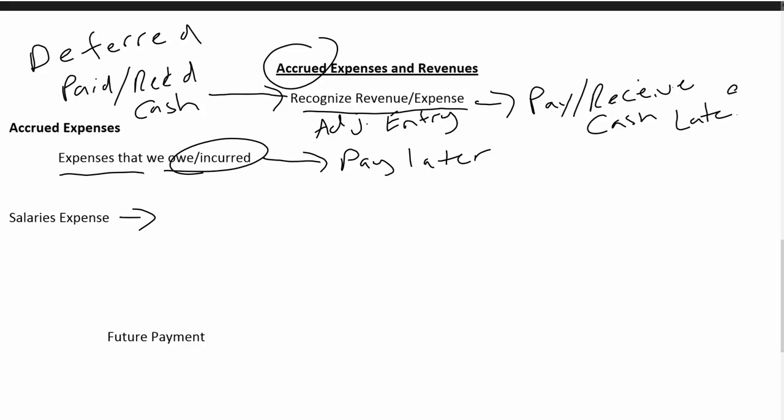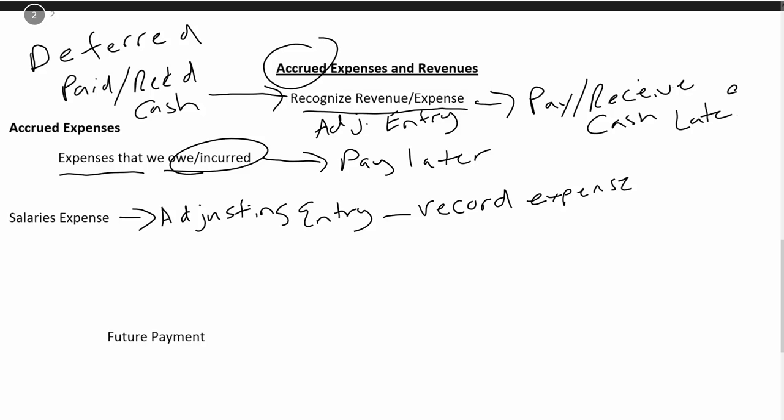Our salary expense, we're going to do an adjusting entry to record the expense. And then we're going to also show a liability, because remember, we're not going to pay it till later. We're not going to pay it now because we're going to pay it later.